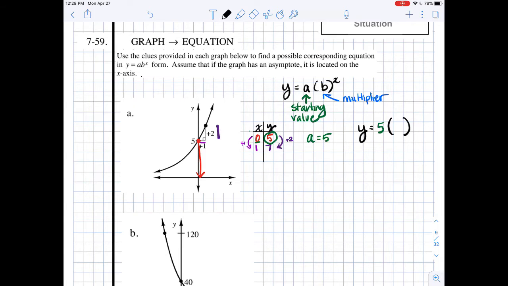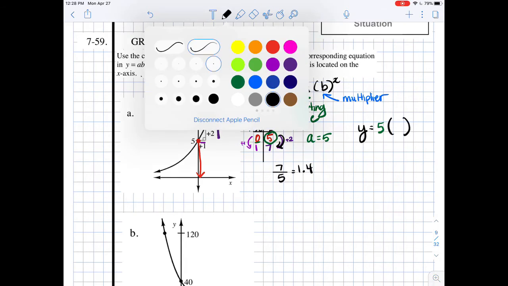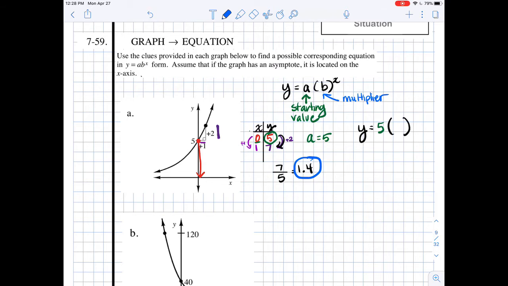In order to get the multiplier, you need to multiply downward. But if we don't know, we could do the inverse, which is division, which is what you did in the previous lesson. So we're going to take 7 divided by 5, and that's going to give us 1.4. So our multiplier is 1.4, and these are all going to be to the power of x.